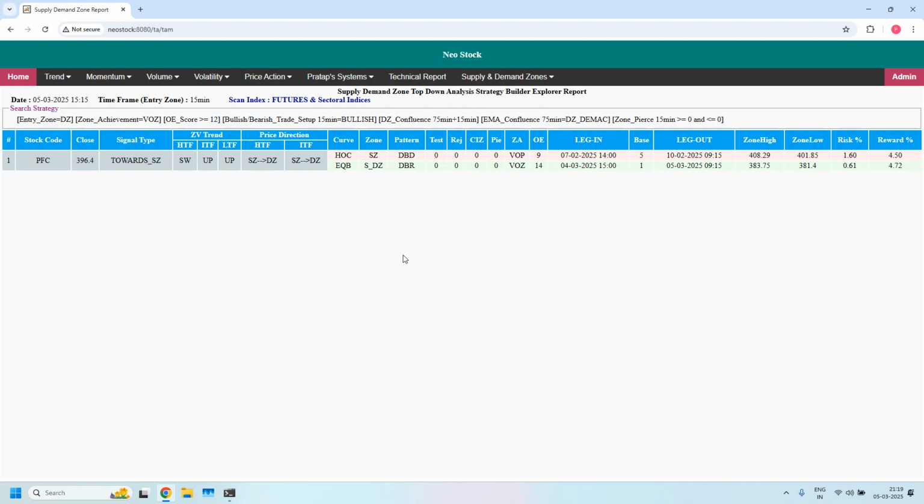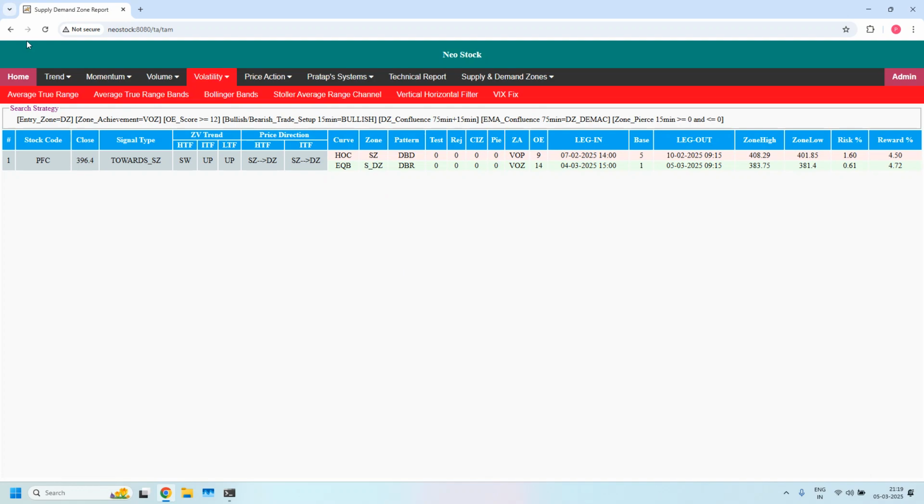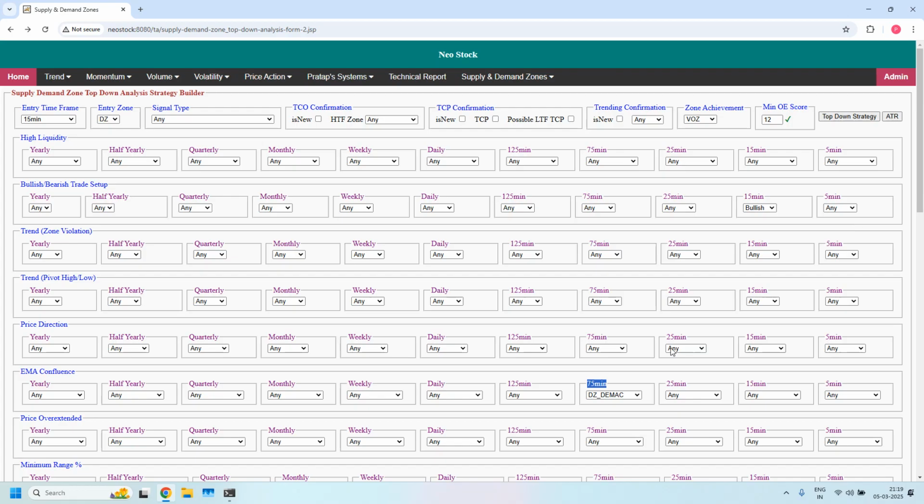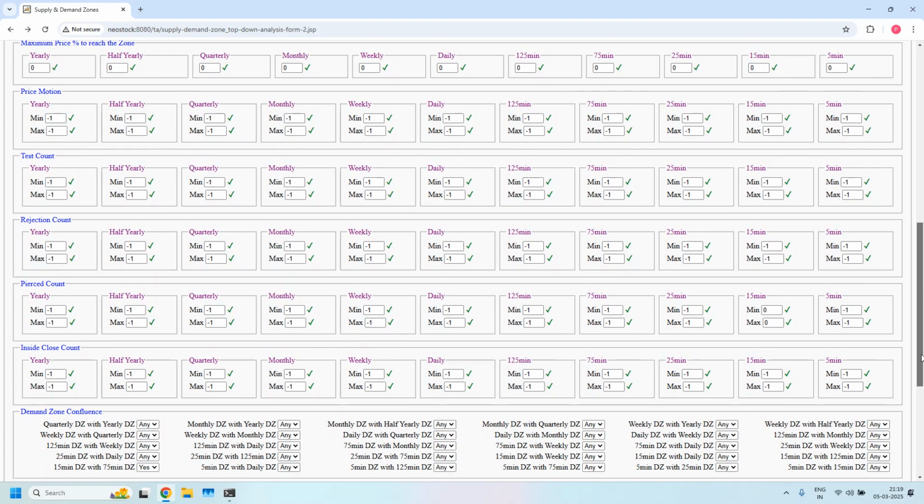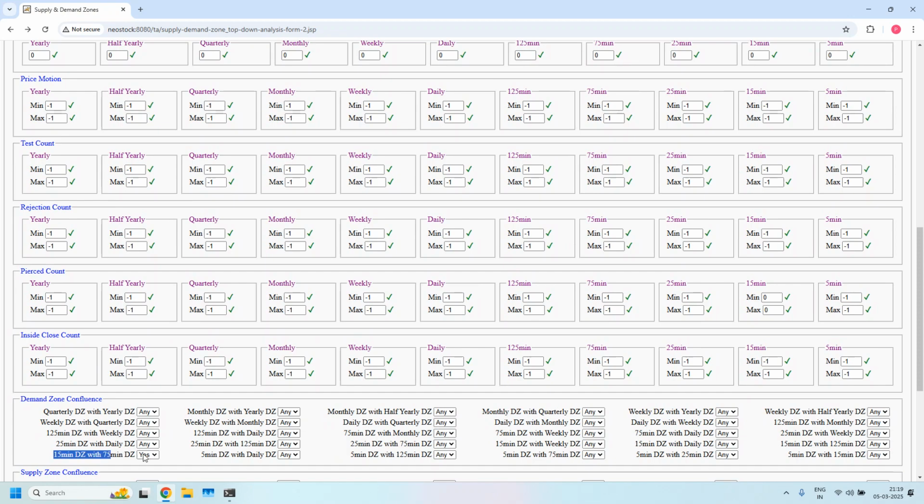Next we will look into LTF, ITF, HTF demand zone confluence and then HTF EMA confluence. So in the demand zone confluence, three filters we have to set. First one is already enabled. Next, 15 minutes with the daily demand zone confluence.